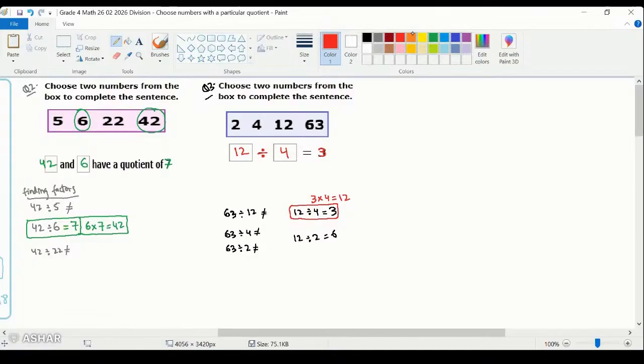Let's have a look at another example. For the next question, it says, choose the two numbers from the box which complete the division statement.